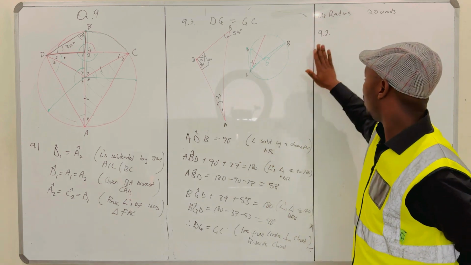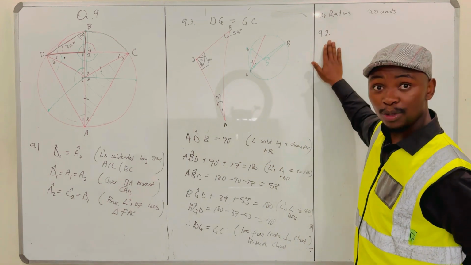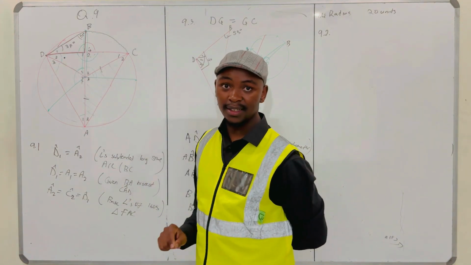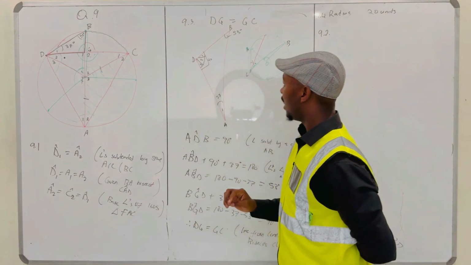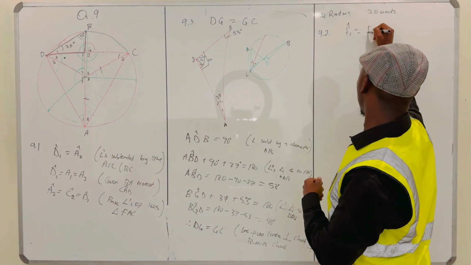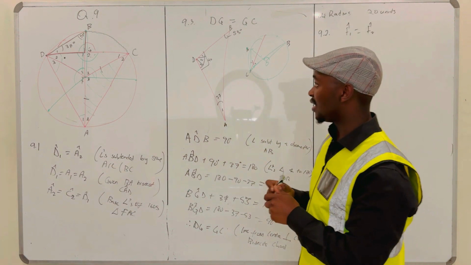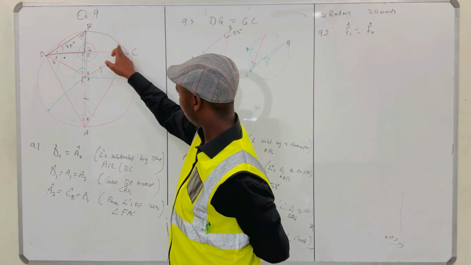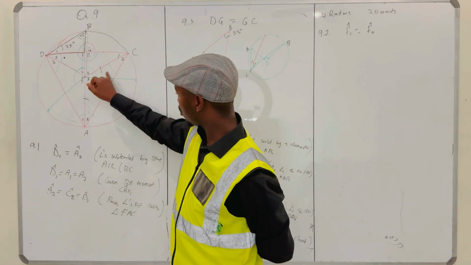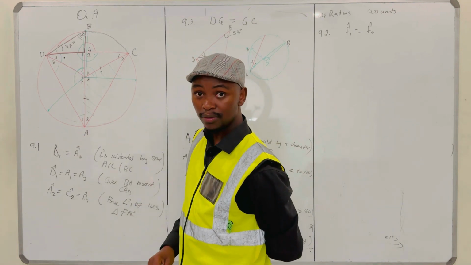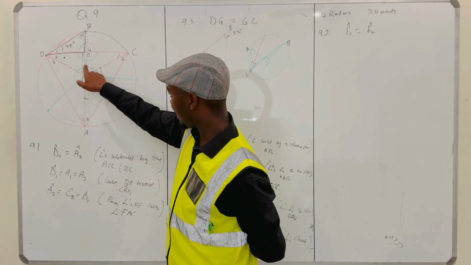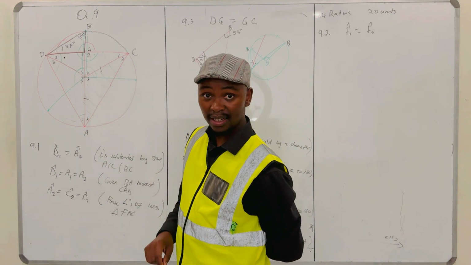Is that when we are taking this question 9.2, we don't know yet that DG is equal to GC, right? And they are asking us to prove that angle F1 is equal to angle F2. Now the audience is saying that there's an arc here which subtends F2 and also subtends the angle A2. So the arc here subtends this angle at the center, and that angle at the center must be twice the angle at the circumference.